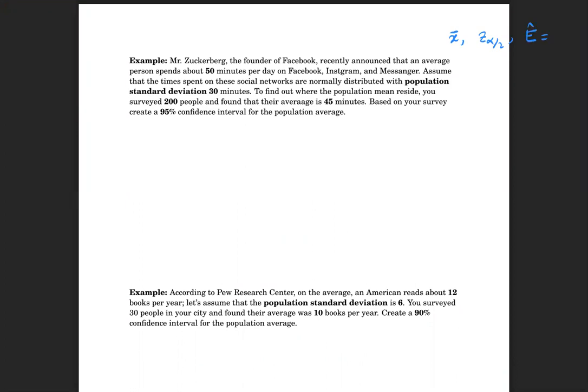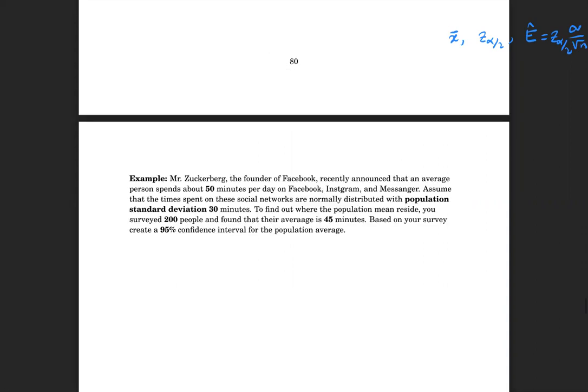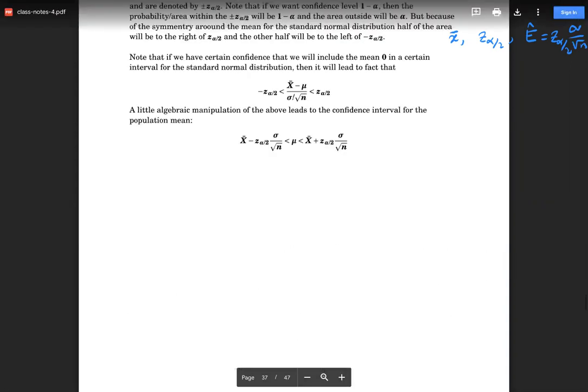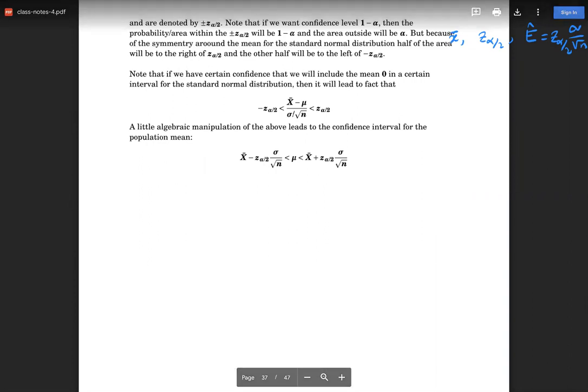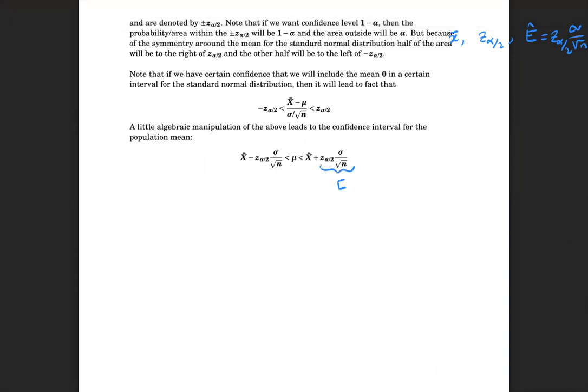It is Z sub alpha over 2 times sigma over square root of n, which you can see right here. This is actually the margin of error E hat. So the rest is pretty straightforward. Your confidence interval is going to be X bar plus or minus E hat.